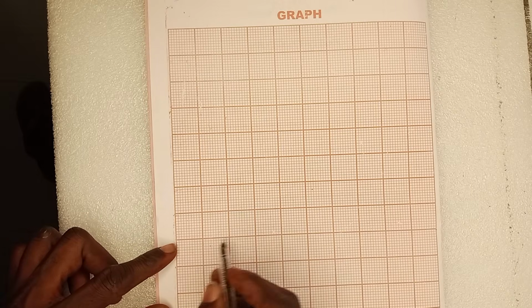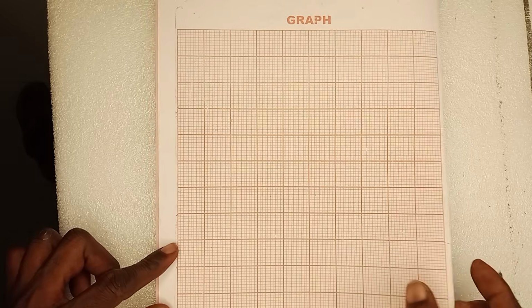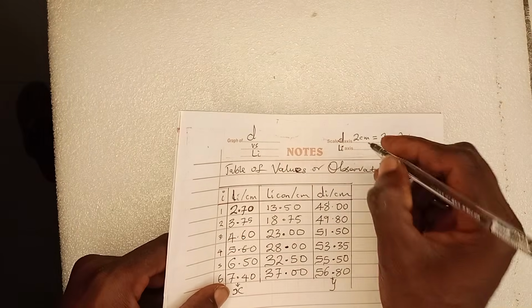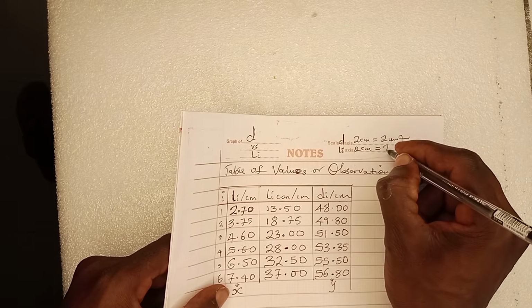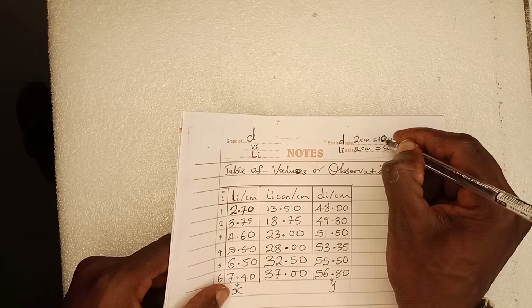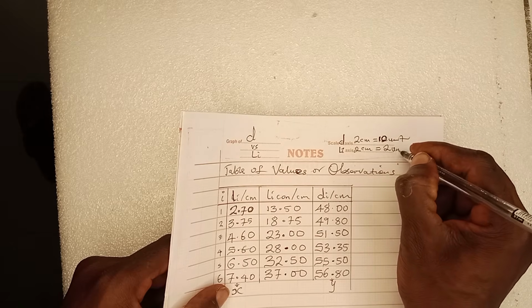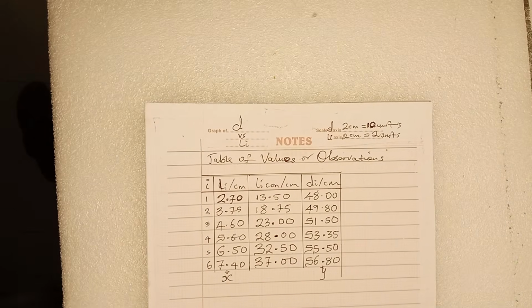Yes. Then this is 2, 4, 6, 8, 10. So we can say that let 2 cm be equals to 2 units. We are done defining our scale.